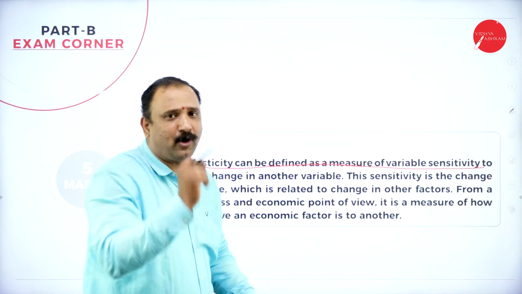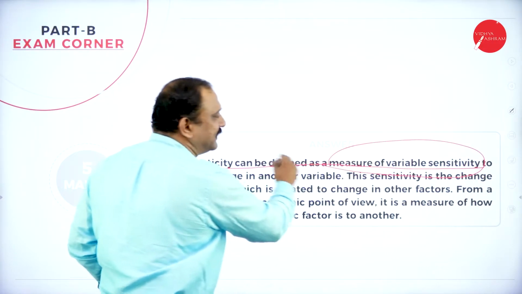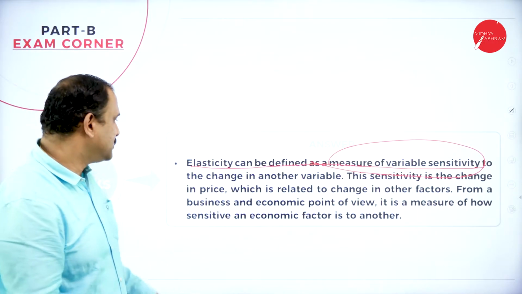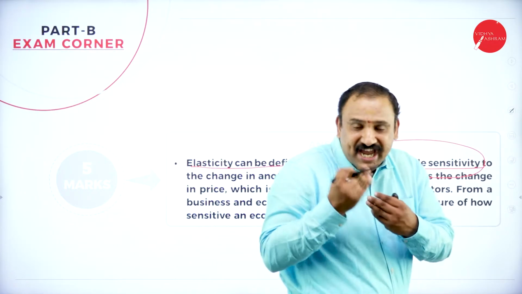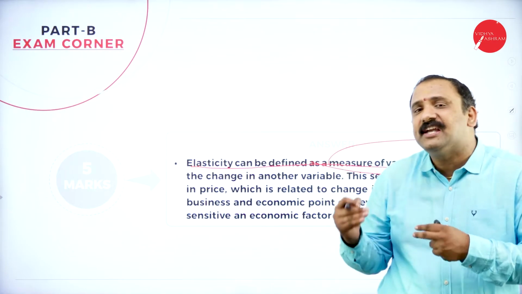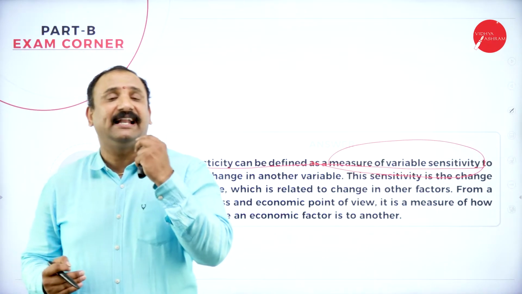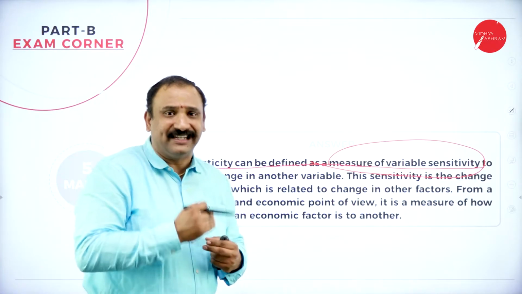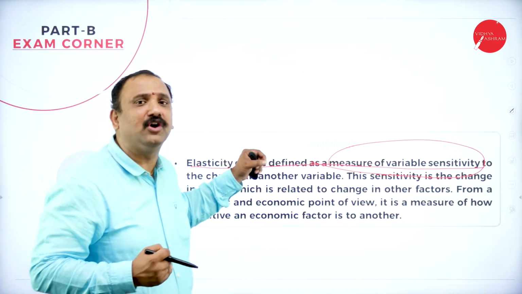What is very important here is the measure of variable sensitivity that we are talking about. Why? Because whenever we talk about that sensitivity factor, the change factor, there is a variation of factor A compared to factor B. That's where elasticity comes into the picture. Elasticity is not an absolute term, it's a relative term. So that word has to be mentioned in your answer.